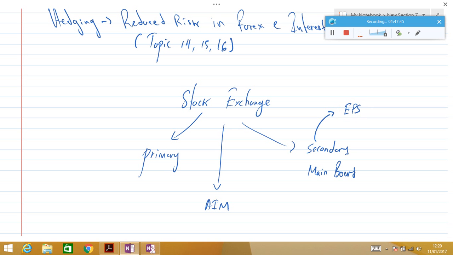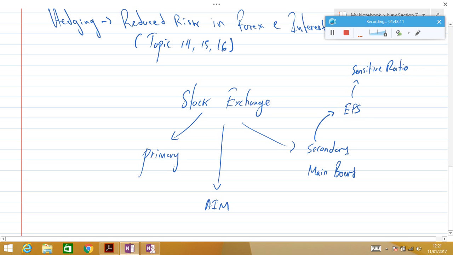Earnings per share, last time I taught in business maths. EPS, accounts also have it, right? Now, it is a very, very important ratio for a stock exchange and very sensitive. A very sensitive ratio, guys.